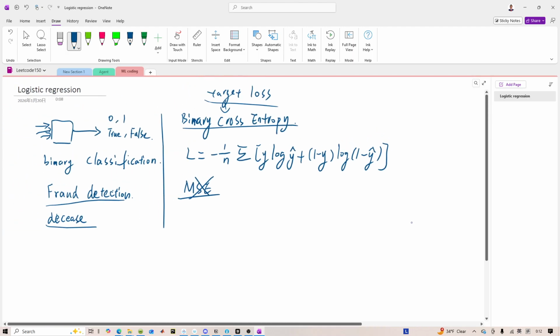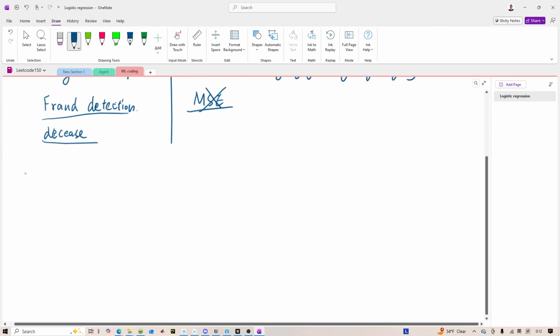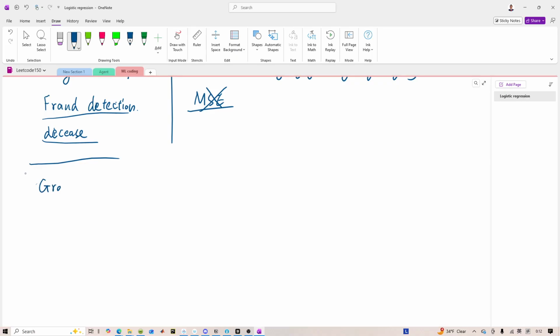And the optimization method we use is usually gradient descent. Essentially, we compute the partial derivative of L with respect to omega.